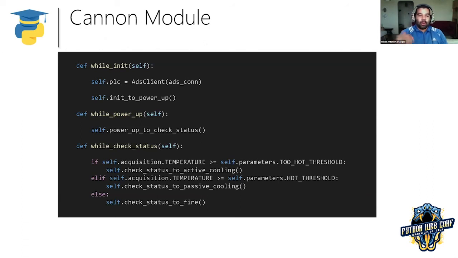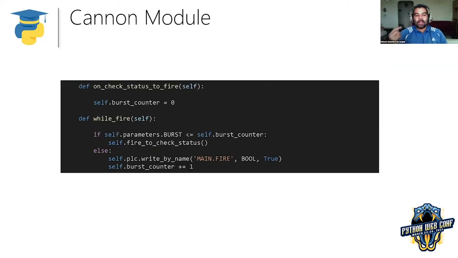Then while we're on the power up, we just transition to the check status. And in the check status is where the process logic occurs. We check if the temperature is greater than the too hot threshold, or if it's greater than the hot threshold. In each case, we trigger the active cooling or the passive cooling. Otherwise, we just fire the cannon, okay?